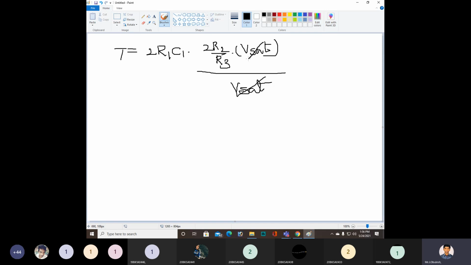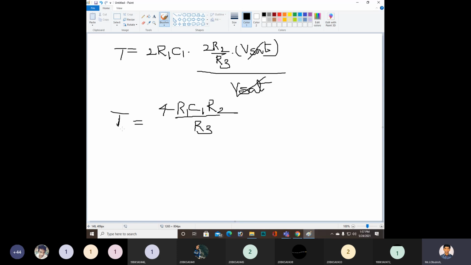These two V sats will cancel. Then simplify that expression. We get 4 R1 C1 R2 by R3. This is the T.